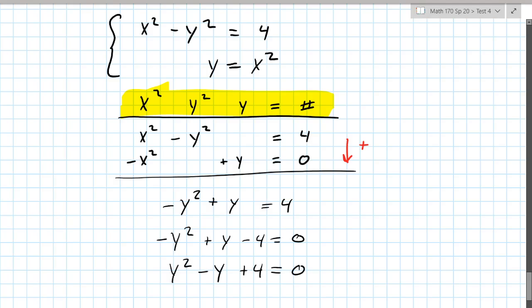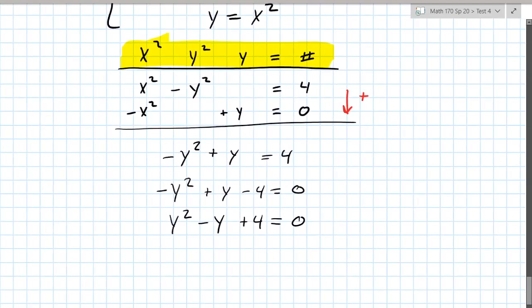I like that better because if it factors, I like a y squared instead of a negative y squared. I don't think this is going to factor for us because 1 and 4 multiply together to give us a 4, but those numbers can't, in any combination, add up to negative 1. 2 and 2 could multiply together to a 4, but those numbers cannot, in any combination, add up to a negative 1.